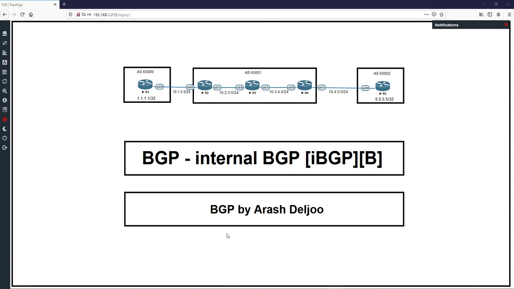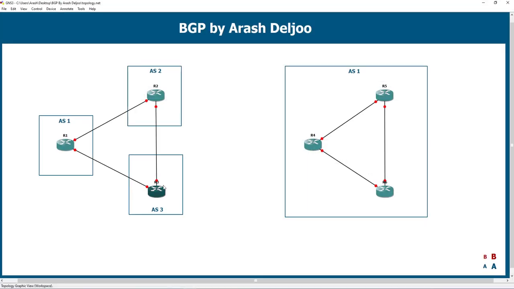First, you should understand an important rule in iBGP. It's so important to know this special rule that we call the iBGP split horizon. Look at this scenario.